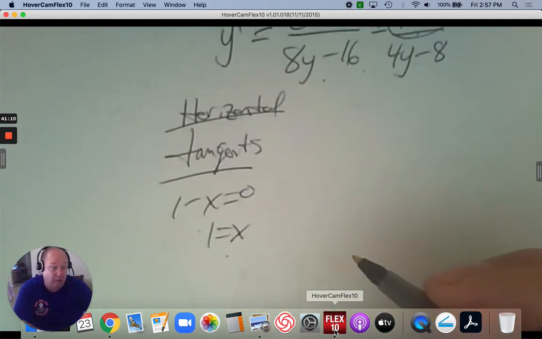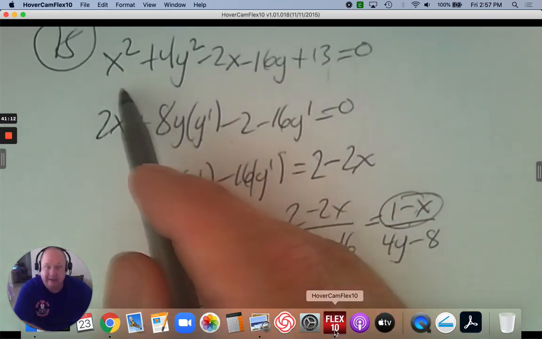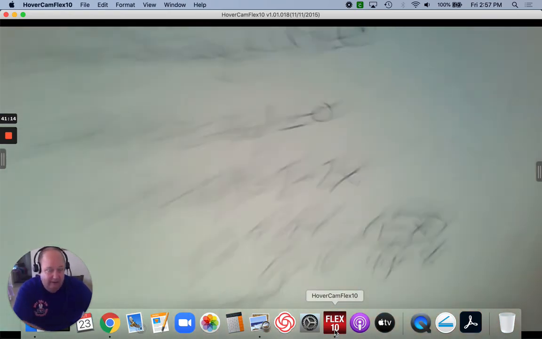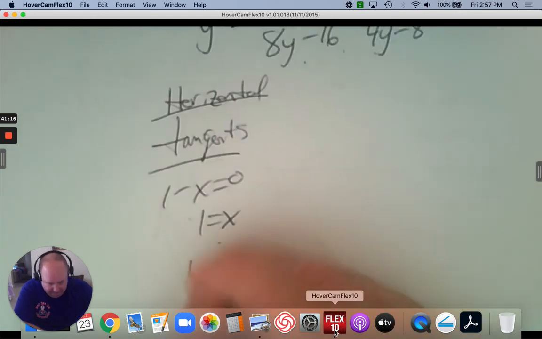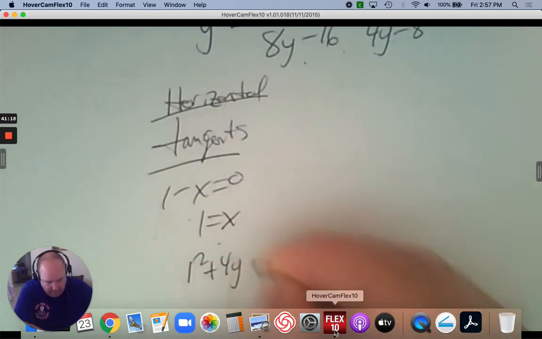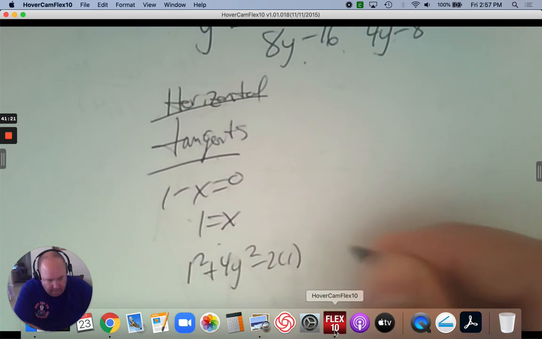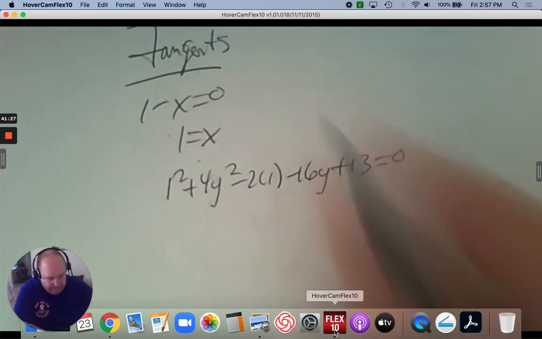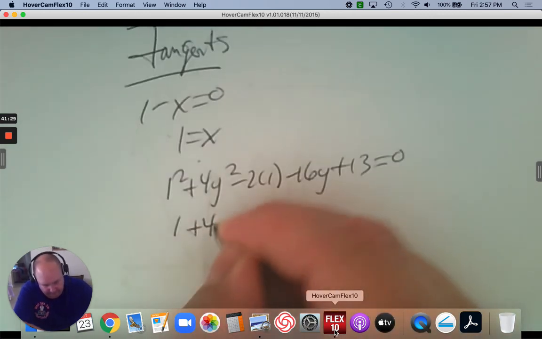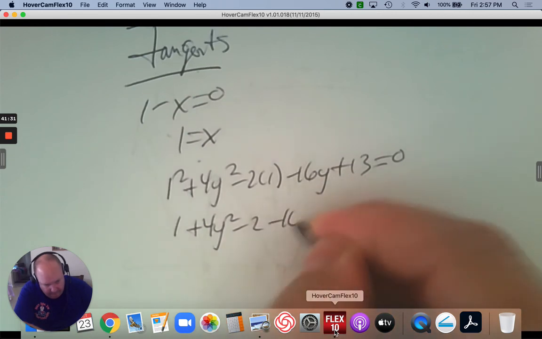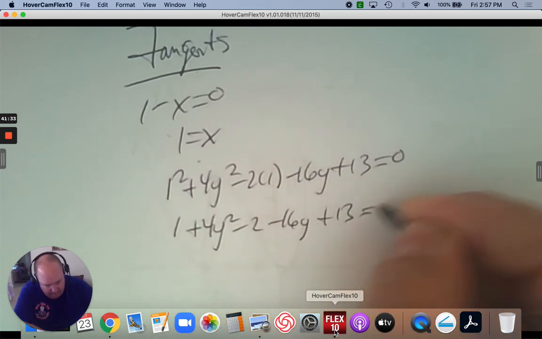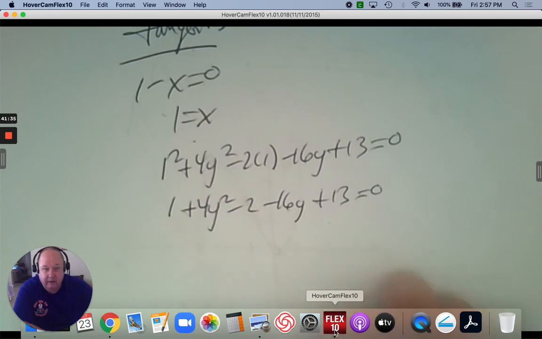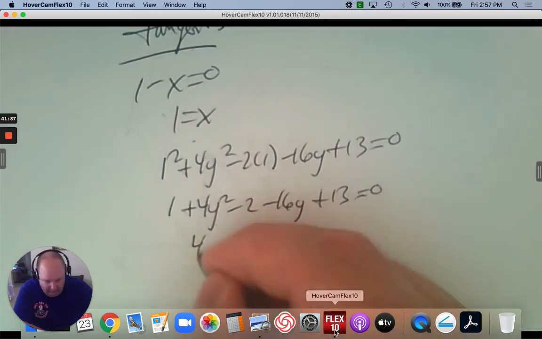Now they want to know the points. So I have to go back here and then find the y coordinates that go with it. So there I go. Now I need to solve for y, so I'm going to combine like terms.